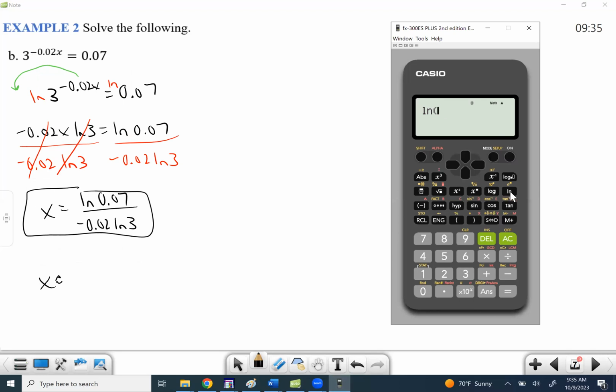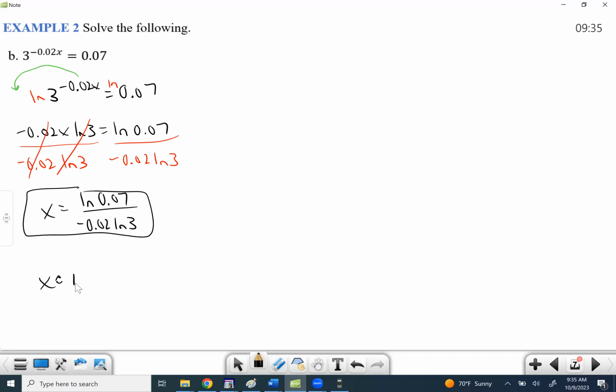So we have natural log of 0.07, close parentheses, divided by parentheses, negative 0.02 natural log of 3. 121.0281 would be our approximate.